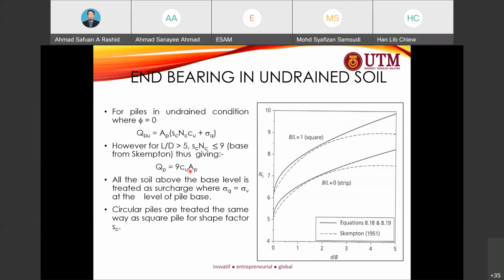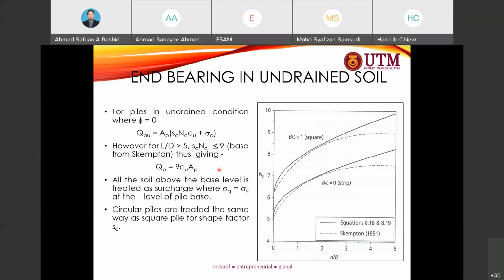All the soil above the base level is treated as a surcharge, where sigma Q is equal to sigma V at the level of the pile base. A circular pile is treated the same way as a square pile for shape factor SC.